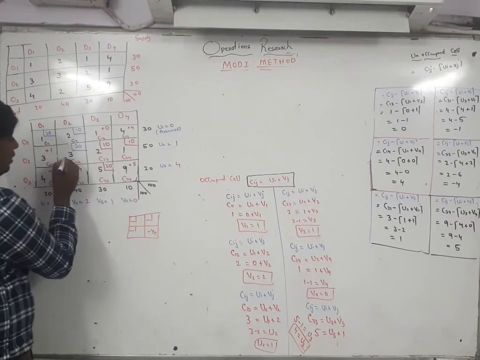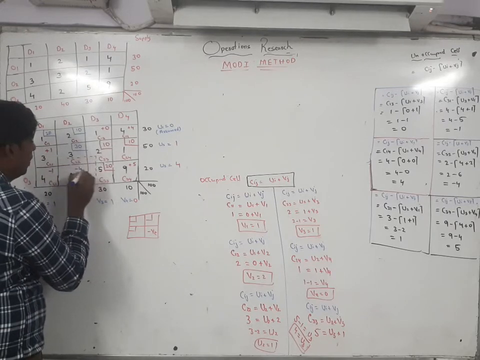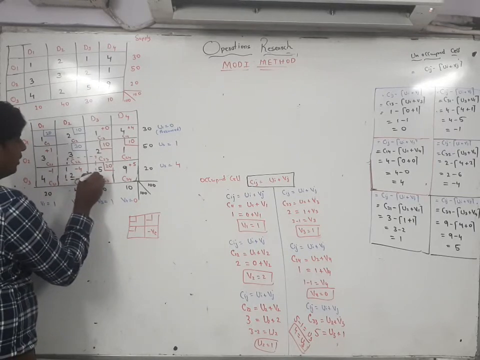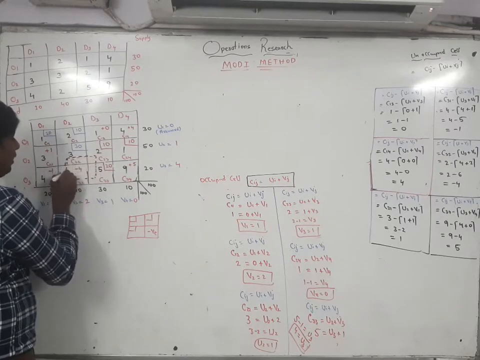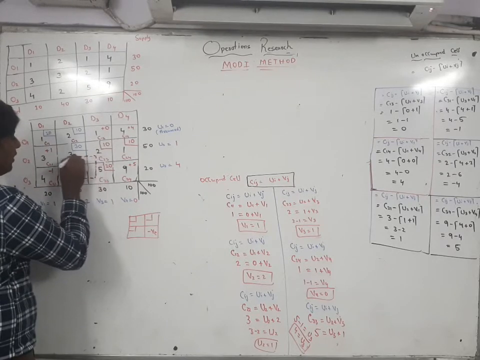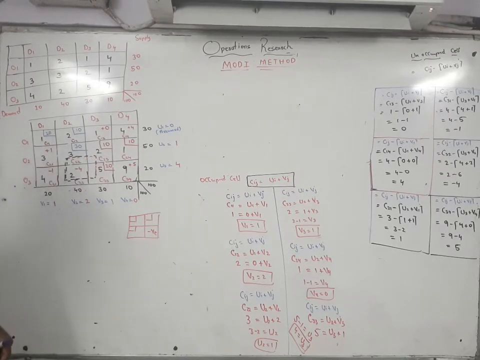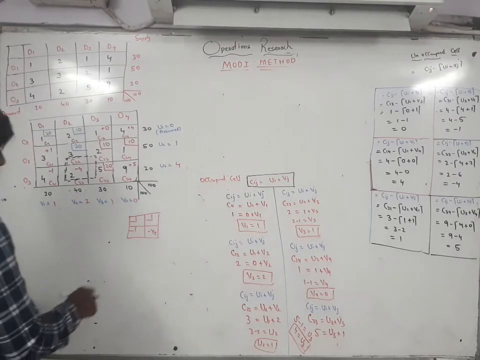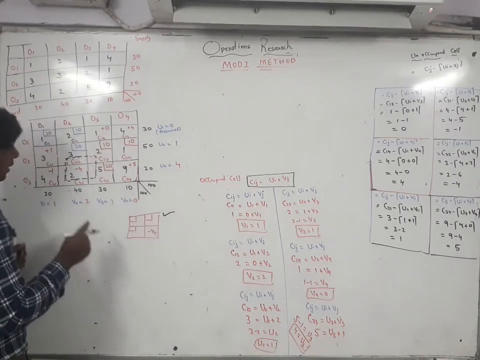So you can take this one as a cell. Because in that, 3 are occupied and 1 is unoccupied, and that unoccupied is negative. This condition is satisfied.